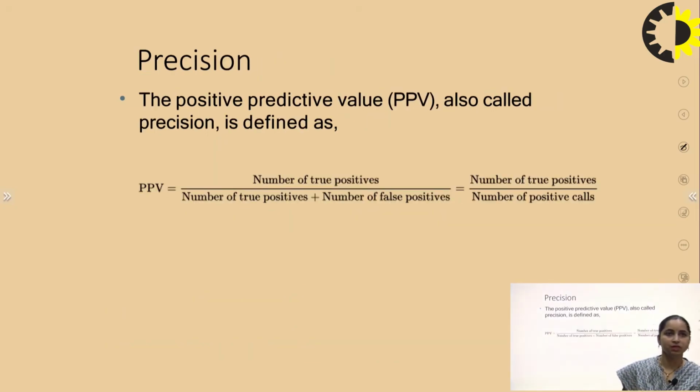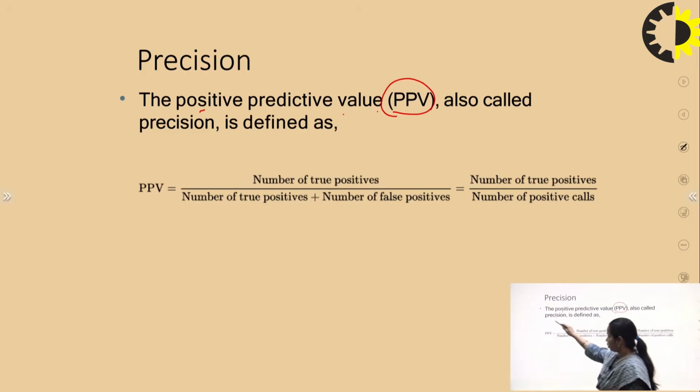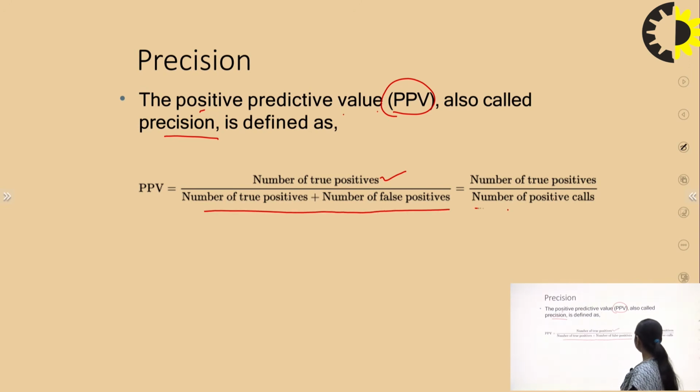Now comes precision. So, what is precision? The positive predicted value is called precision. Mathematically, it is the number of true positives divided by the number of true positives plus false positives, that is, the number of all positive calls.